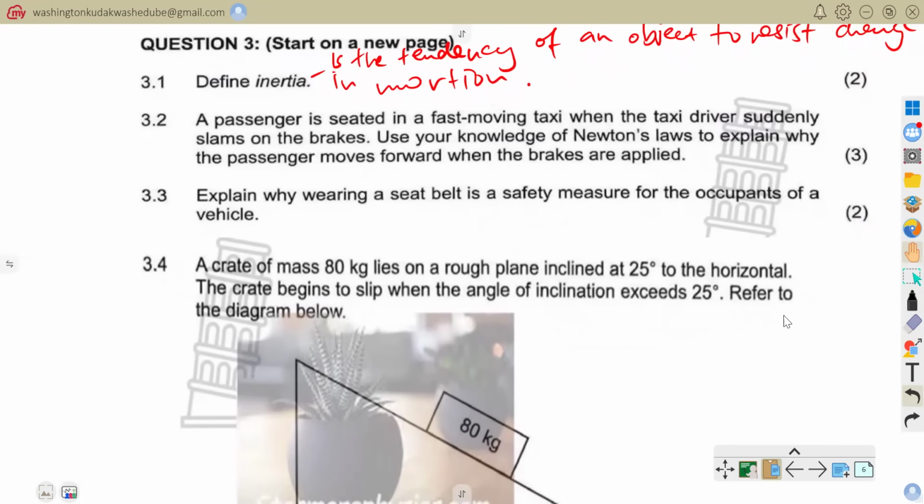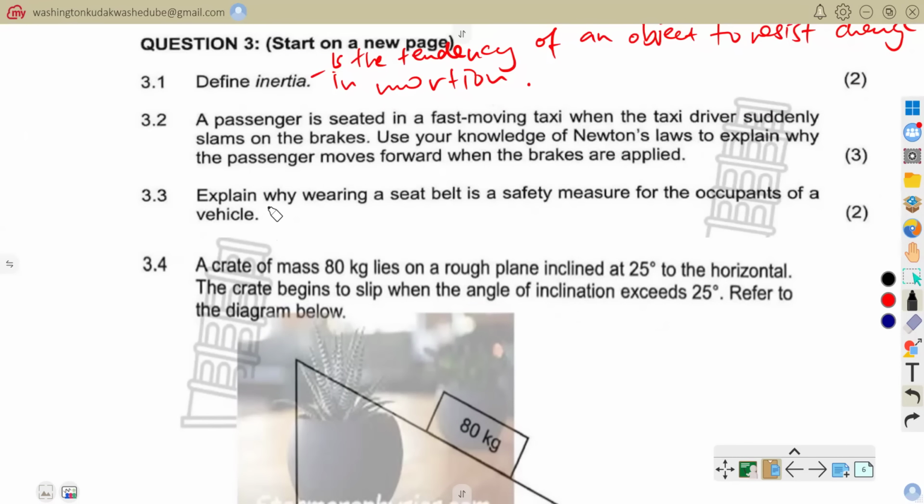Now 3.3: explain why wearing a seat belt is a safety measure for the occupants of a vehicle. Wearing a seat belt would provide safety, because the seat belt would stop you from continuing to move when brakes are applied.